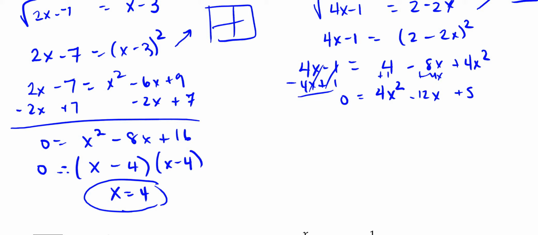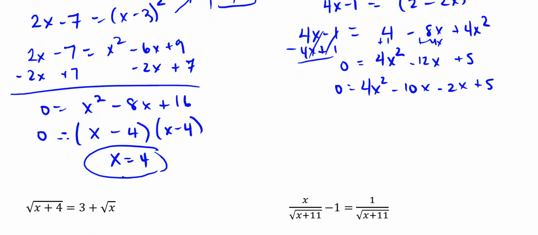So now I want to figure out what multiplies to make 20 that has a common factor or adds up to make negative 12, because I have to use the AC method here. So minus 10 minus 2. All right, 10 times 2 makes 20, adds up to 12, we're all good. And I do my grouping.